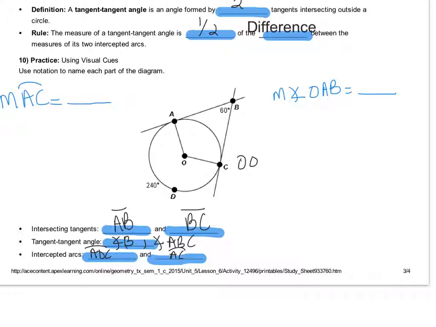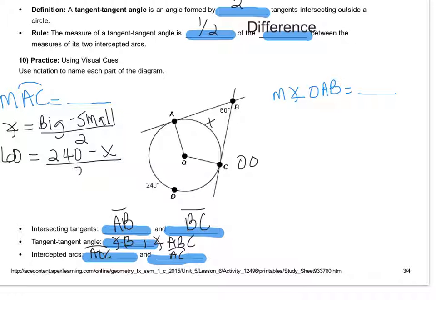The next page asks you to find the measure of AC, and that is very similar to what we've been doing. AC is an arc, so I know that the angle is equal to the big arc minus the small arc divided by 2. My angle is given as 60 degrees, and so that's equal to 240 minus my small arc. I have no idea what that is, so I call it X, divided by 2.